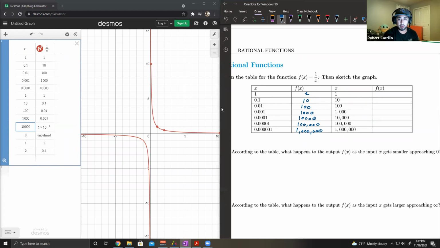So at 1, you get 1 again, and then at 10, 0.1, at 100, 0.01, and then at 1,000, 0.001, and then at 10,000, 0.0001. And what would my decimal number be at 100,000?